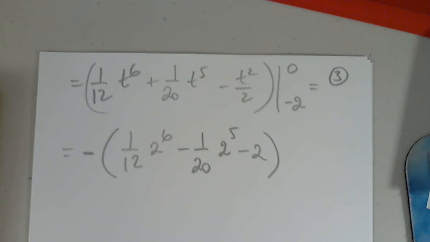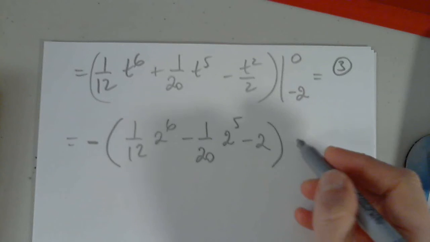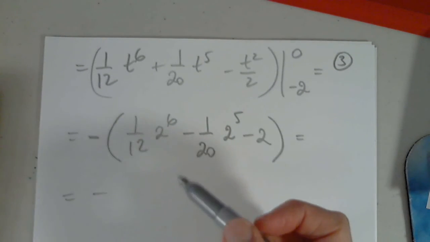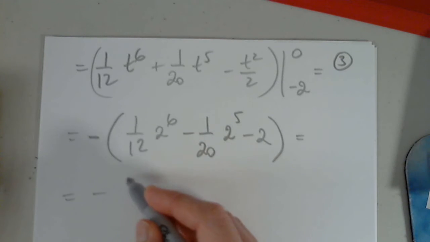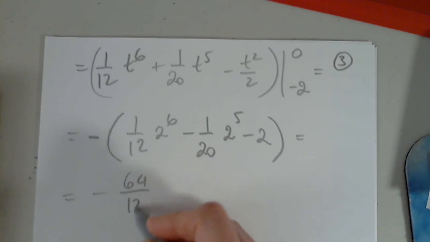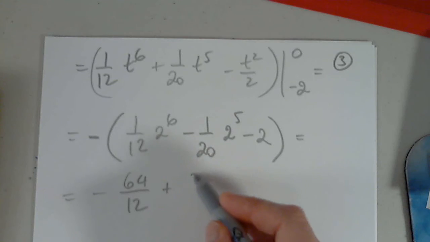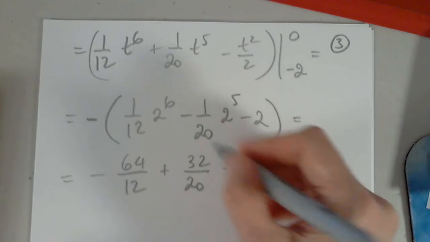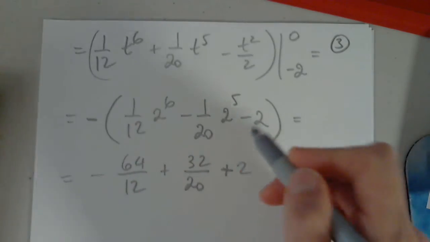So let's see if I do need a calculator. I may not. So negative 64/12, but plus 32/20 and minus 2. Minus plus plus. Okay.